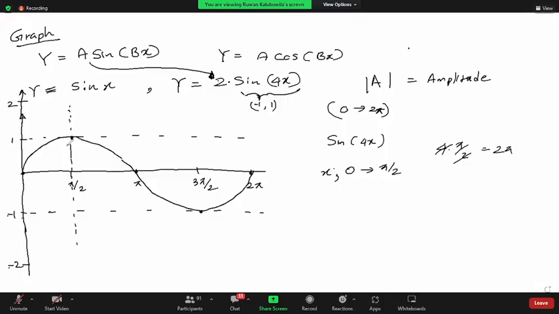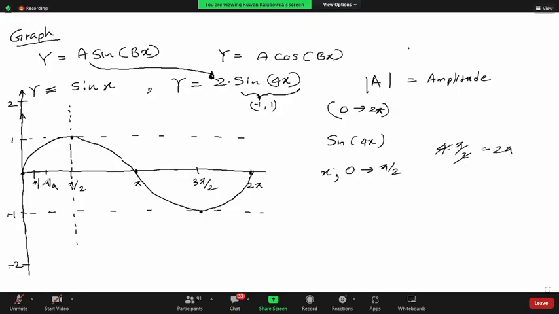Full sine cycle. Right. So now, first draw it. First draw it, and then understand. This is pi over 4.